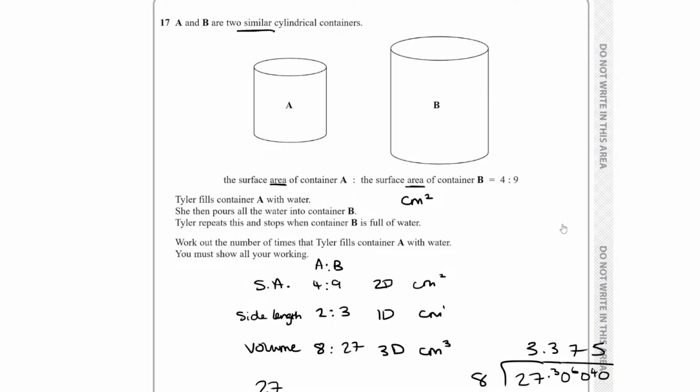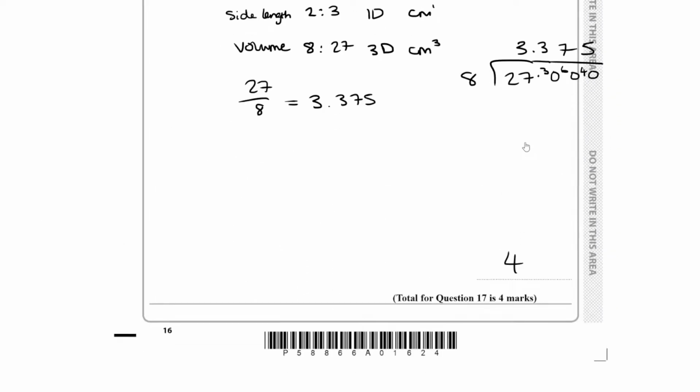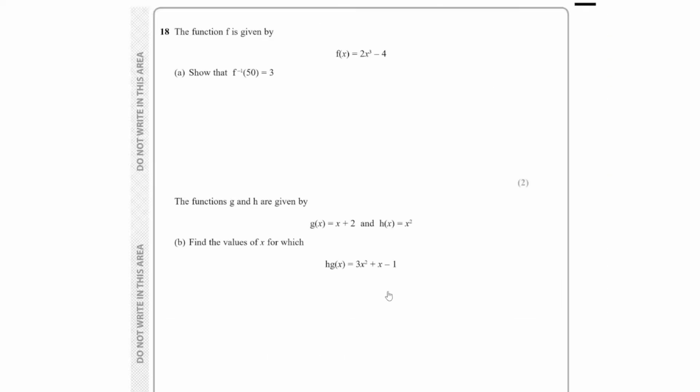But no, to the power of 4 is not right, volume is cubed. That's why I'm mentioning the units, because you're more likely to recognize which is area, side length, volume. It's always some kind of square root or cube root, some kind of square or cube. It's quite hard to know what to do until you've seen that, I guess. But yeah, 4 for the answer and 4 marks.